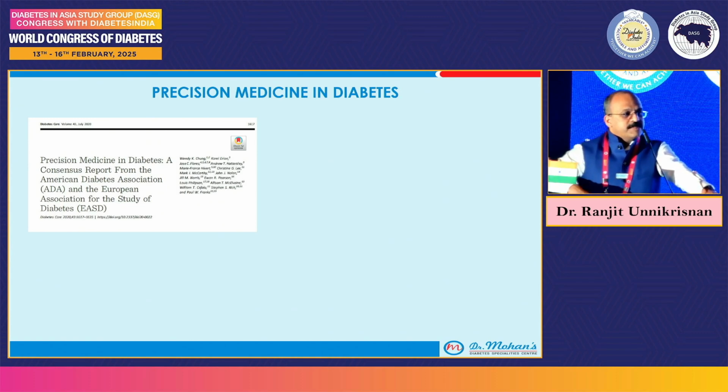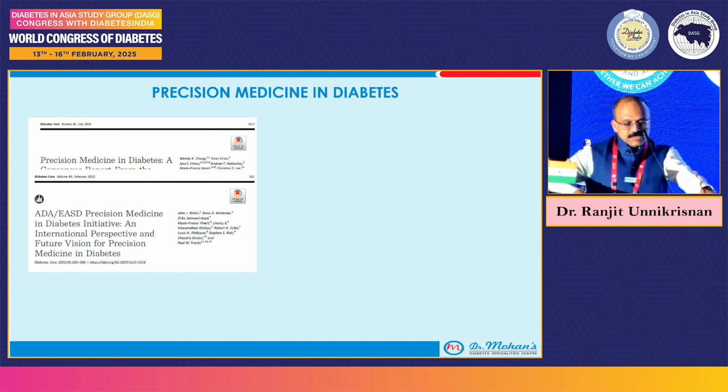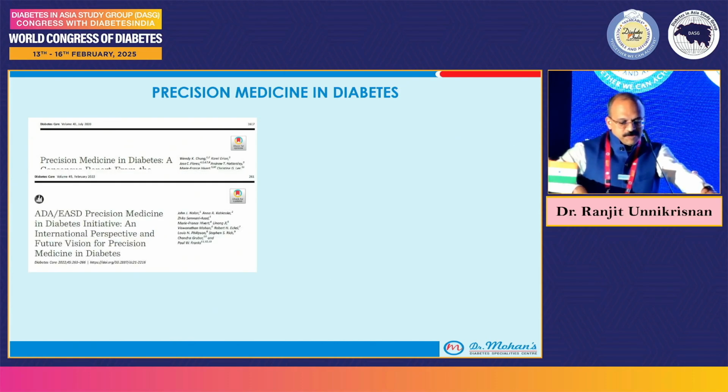And probably the first step towards this was taken by the ADA and the EASD when they published this consensus statement about precision medicine in the year 2020. Subsequently, another paper was published in the year 2022 in which they further expanded this vision and tried to incorporate various types of diabetes, the diagnostic criteria, the screening criteria, the treatment pattern, as well as the prevention.